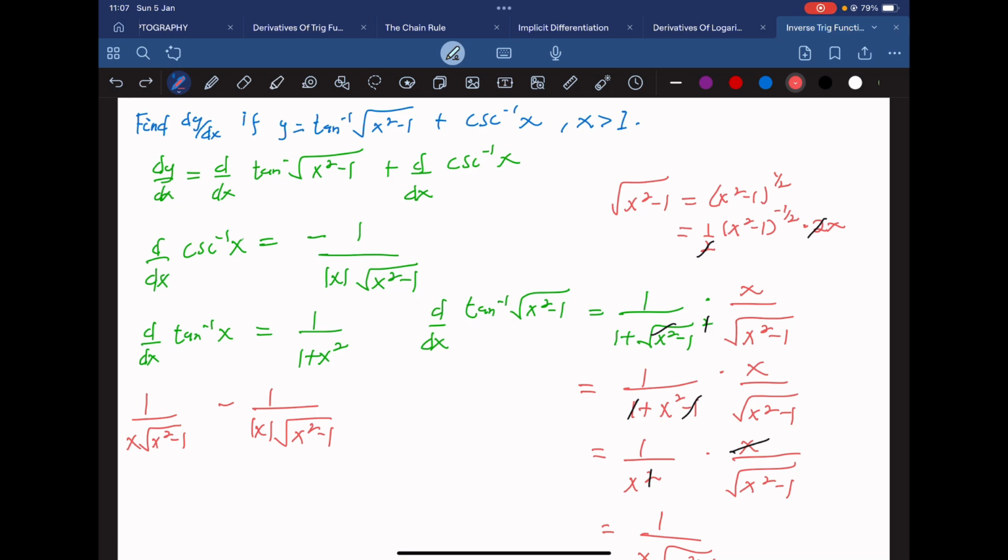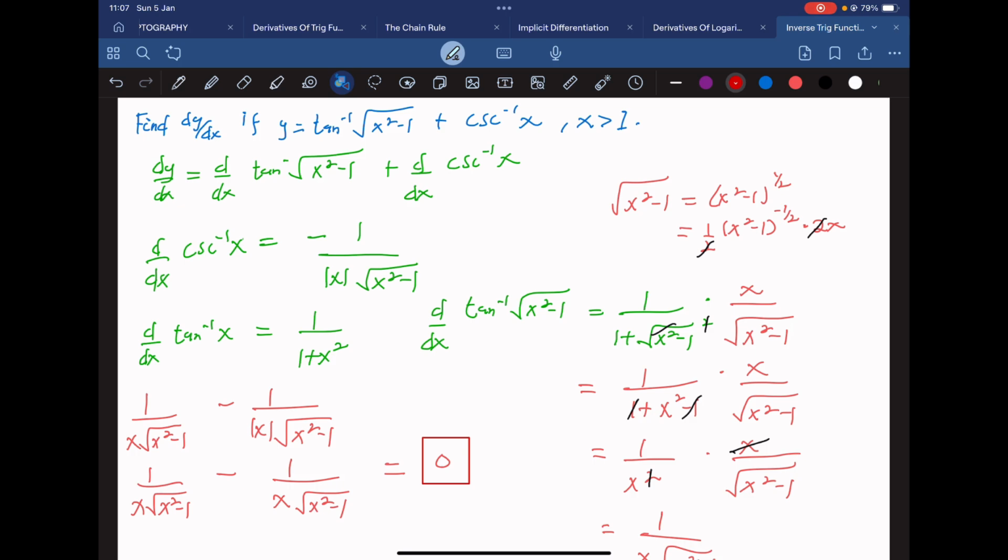X is greater than 1, which is positive. So it means basically the absolute of x over here is just x, and this is root of x squared minus 1. So clearly we can see that this is the same as this. So if we subtract it, we end up getting 0 as our final answer.